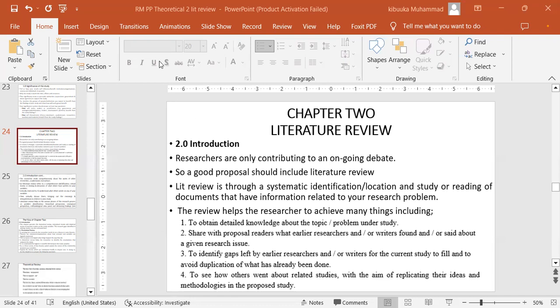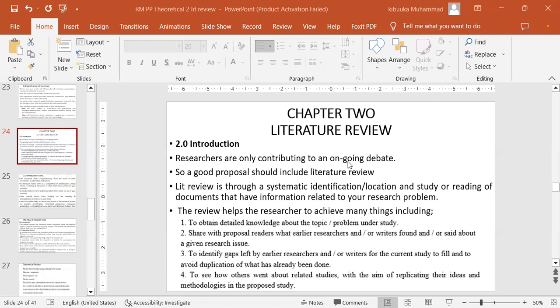What have they said? Before you say anything on a given ongoing debate, it is important that you listen, you hear from other contributors. Then you also give your contribution, your point of view. So that's why we say you are just a contributor to the ongoing debate.